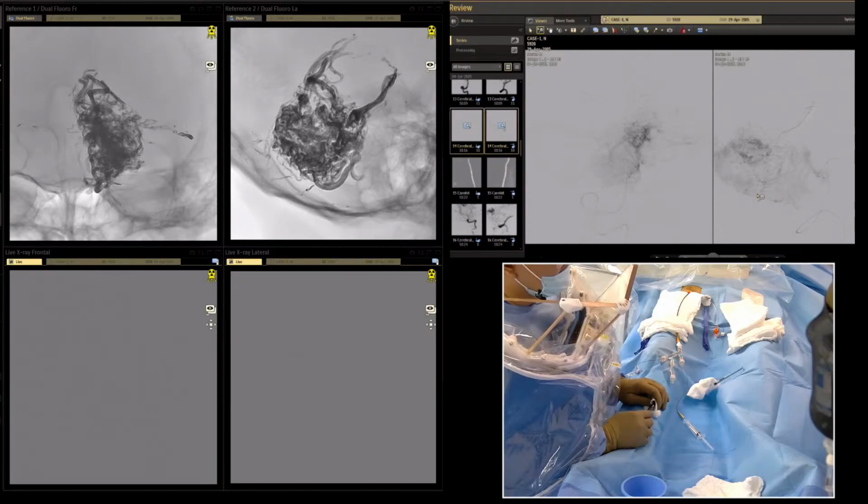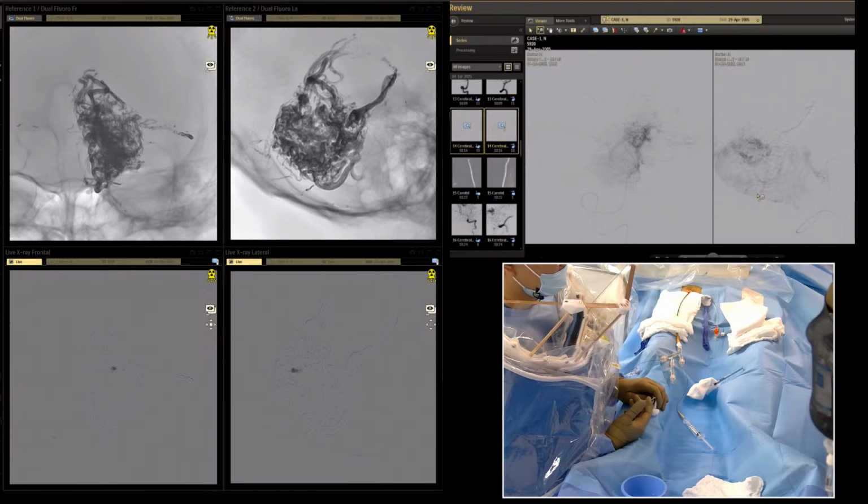That's why I need an assistant. There are so many details we should control. Yes, it's mostly the AVM.